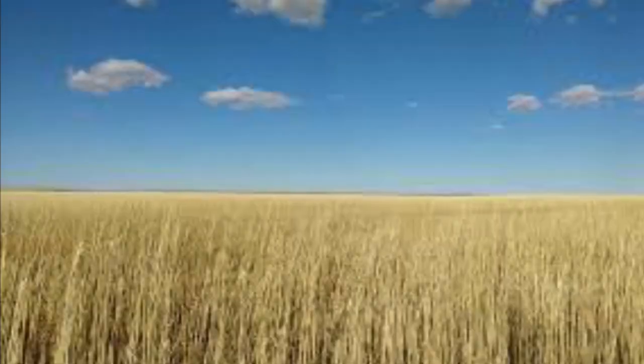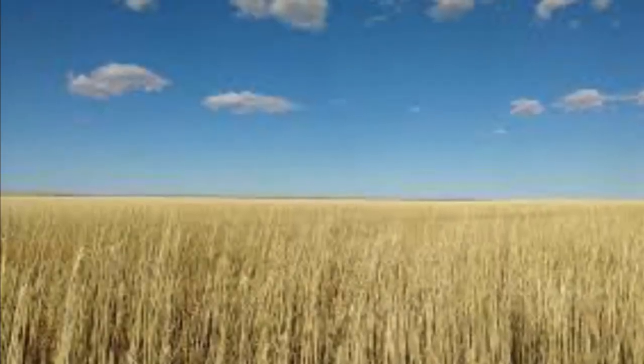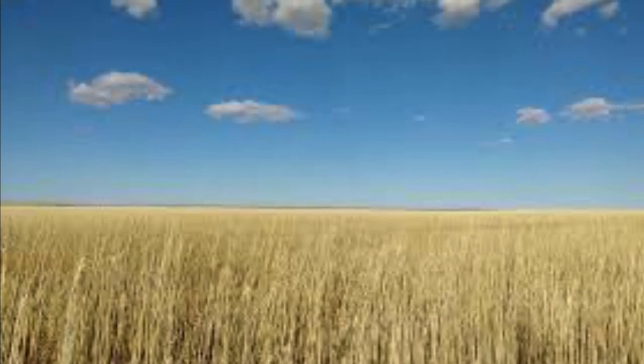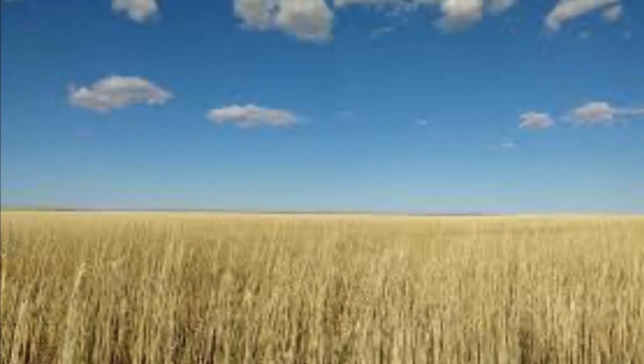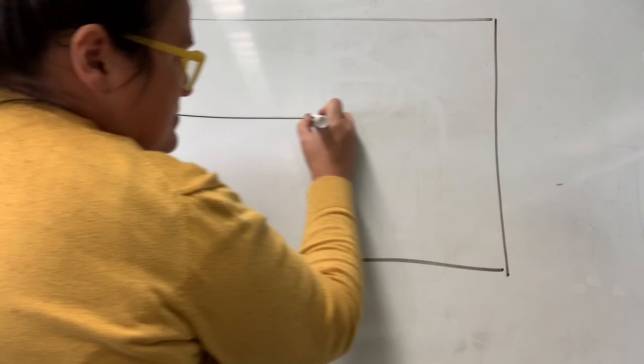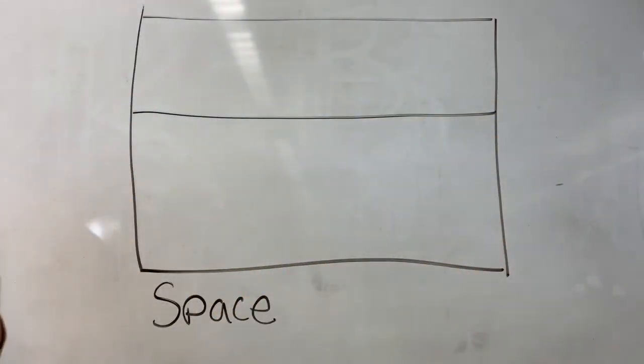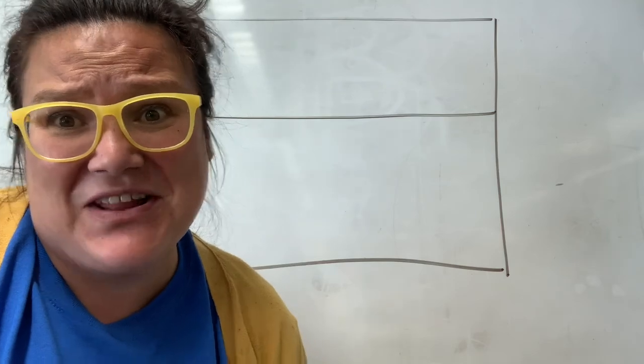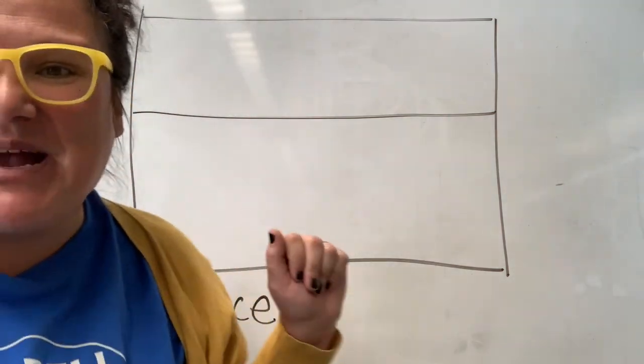It's the line where the sky meets the ground, and that is called the horizon line. And artists sometimes draw a horizon line like this. It's a horizontal line. Can you imagine that? So here's my horizon line.